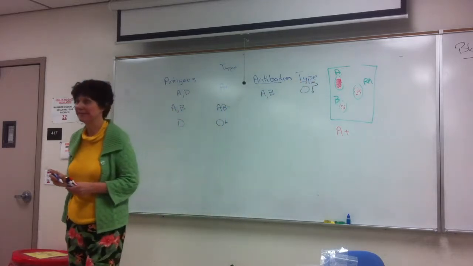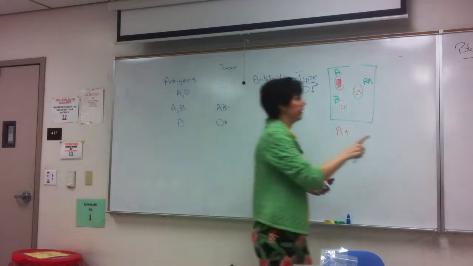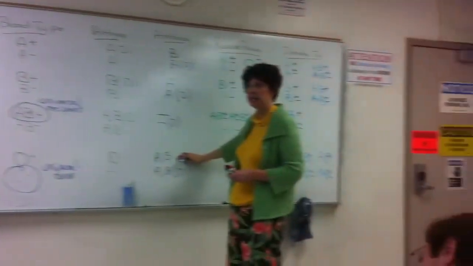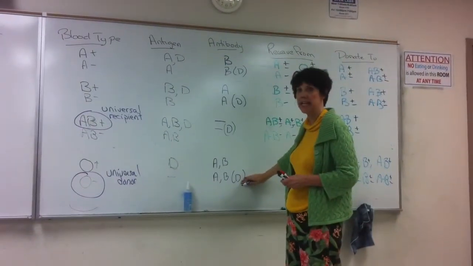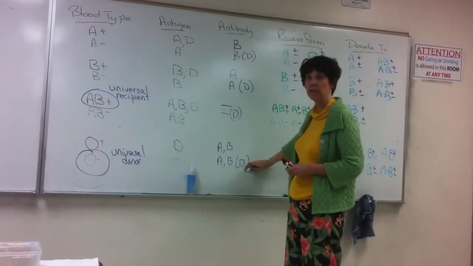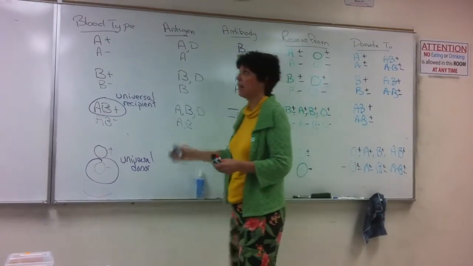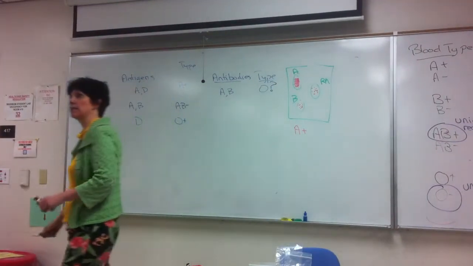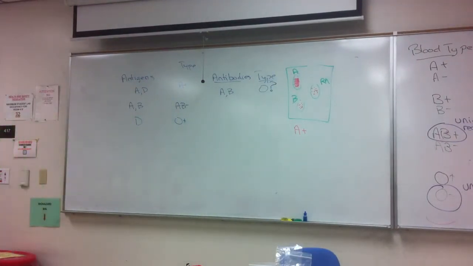I don't know. Because remember what we wrote over here? I would have antibodies A and B if I'm type O, but I would only have the D antibody if I'd been exposed when I was negative. And if I tell you this person has A and B antibodies, you don't know if they're positive or if there's someone who's negative who's never been exposed to the D antigen. You can't say. That's as much as you can say. You got me. You're good.